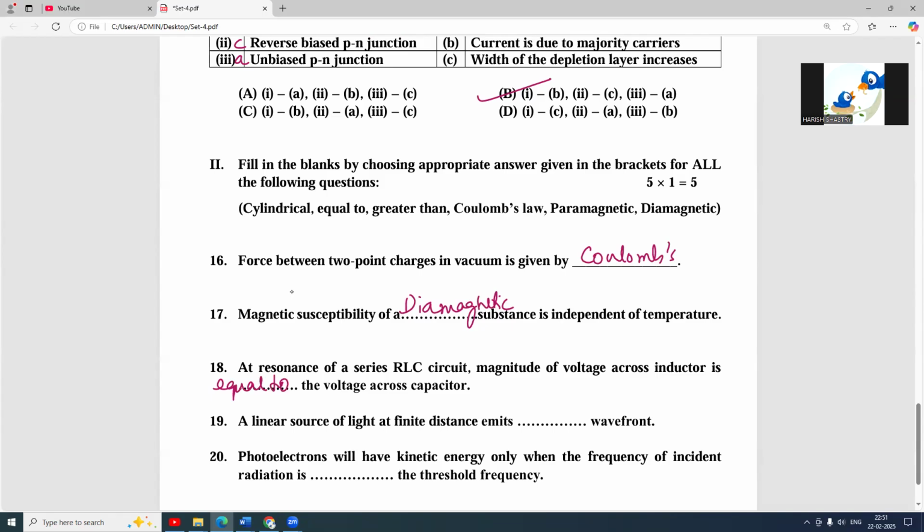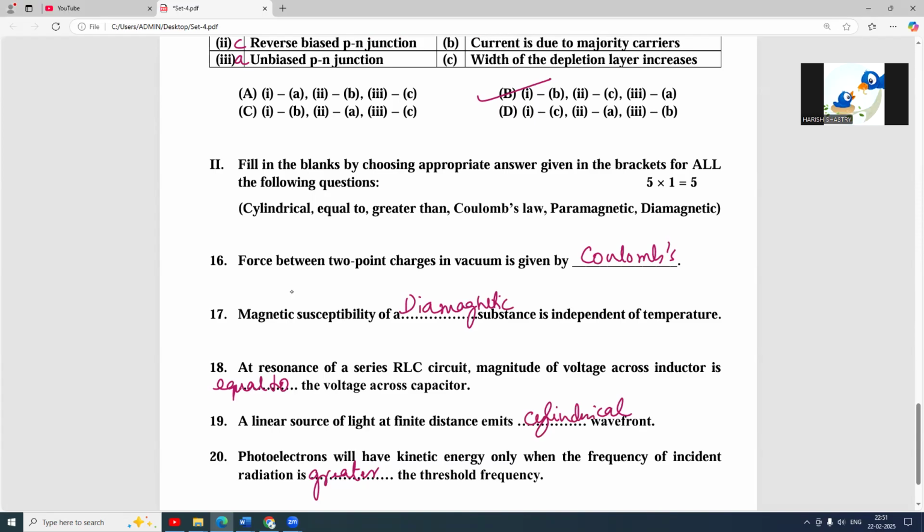A linear source of light at finite distance emits a cylindrical wavefront. Photoelectrons will have kinetic energy only when the frequency of incident light is greater than the threshold frequency. At the threshold frequency, the kinetic energy of the electrons will be 0, because electrons will be just coming out.